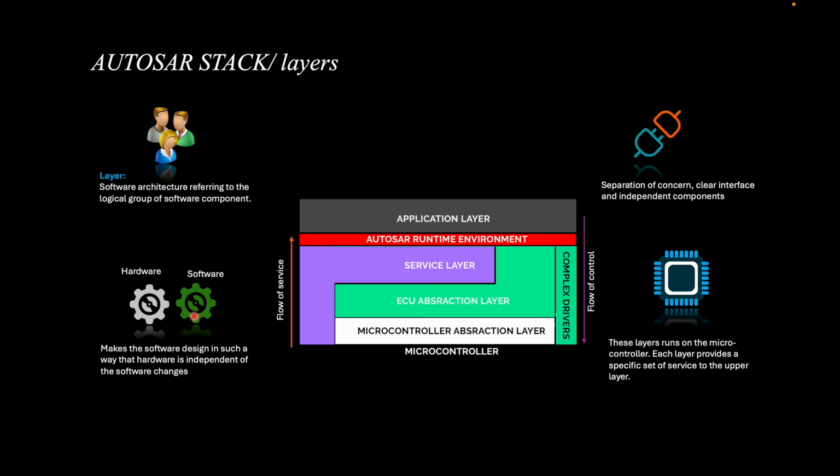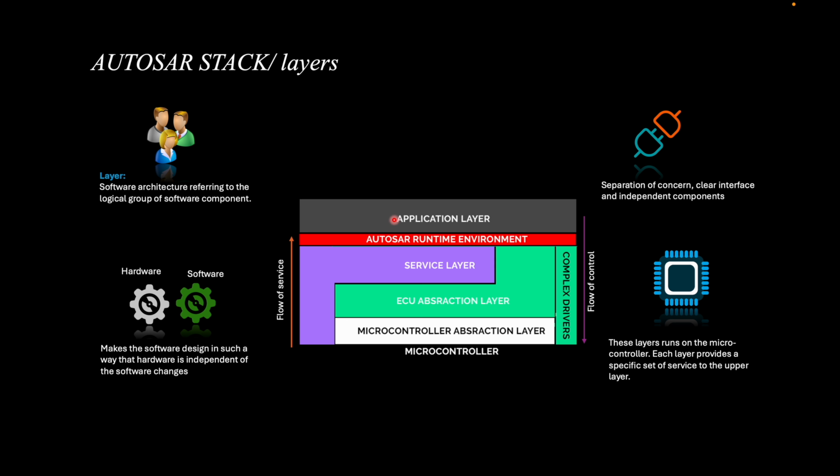Then coming to the next point, hardware software independency. If you change the software design, then there will be no dependency on a hardware change. Suppose I selected a microcontroller. Now I want to change my software features. I will change the feature in the application layer and the remaining part will stay the same.